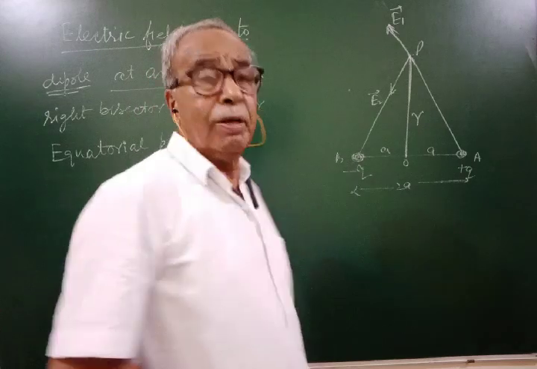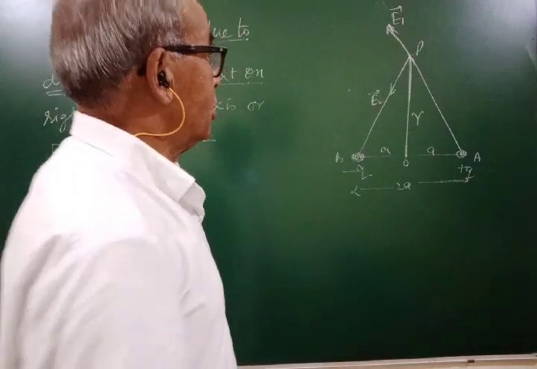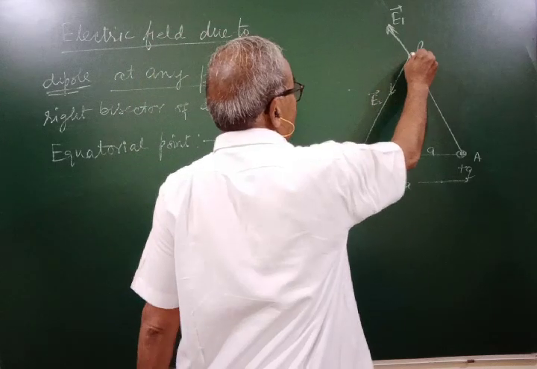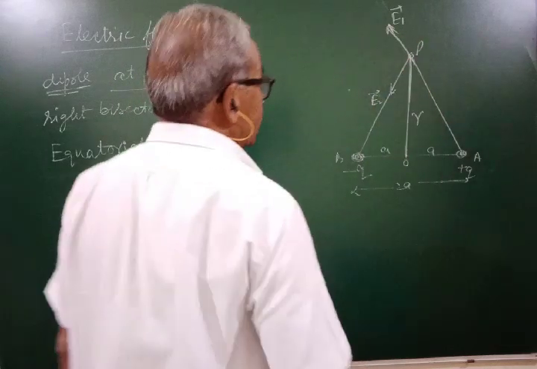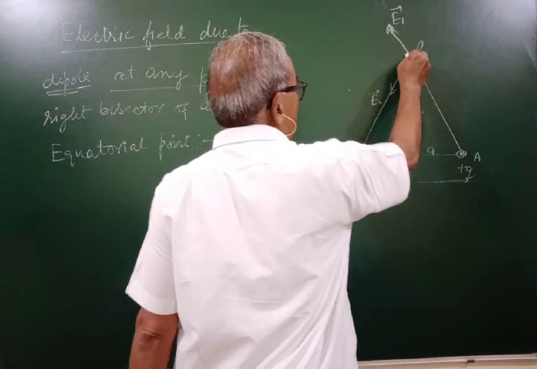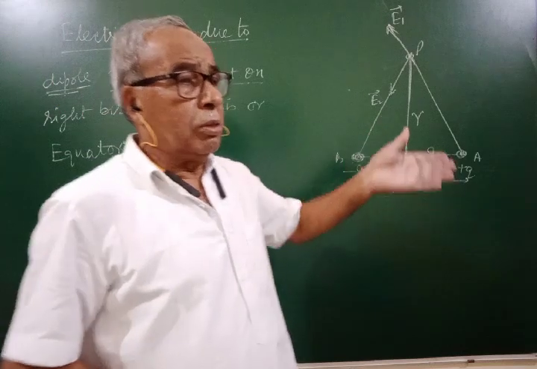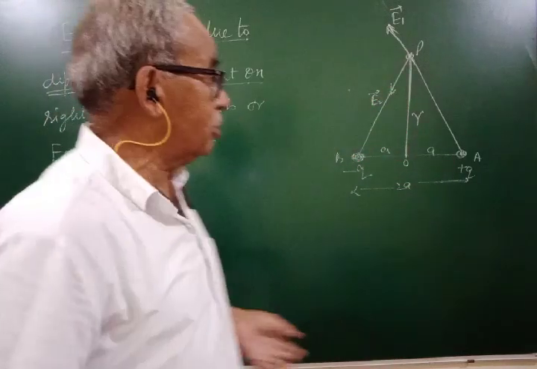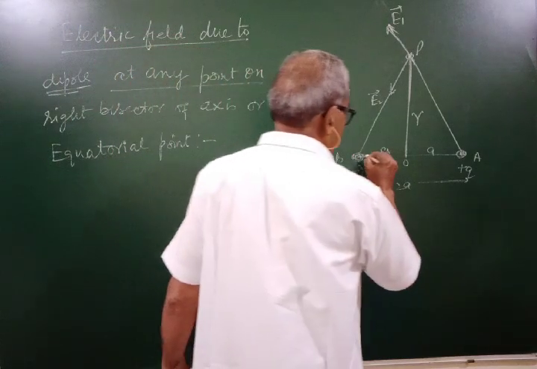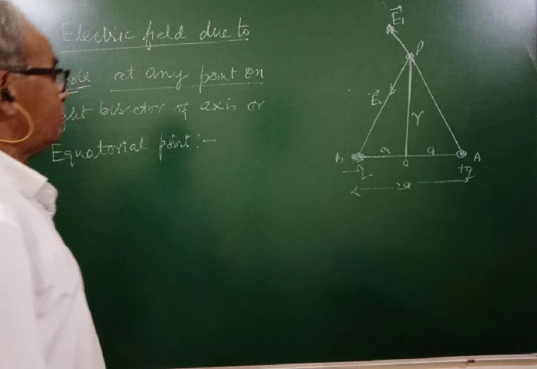Electric field is the force on unit positive charge. If I take plus 1 coulomb charge here, it is repelled this way and attracted that way. So these are the two. This point does not lie only on a line; it may lie in a plane which is the right bisector of the axis, and that is called the equatorial plane. So here we have to find the electric field.